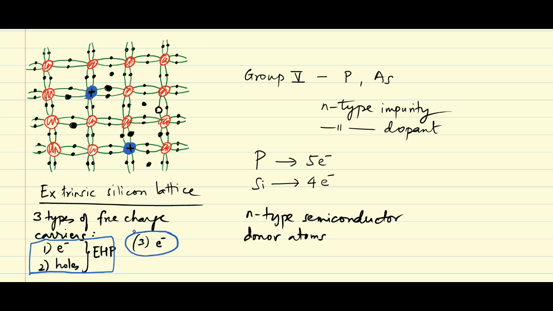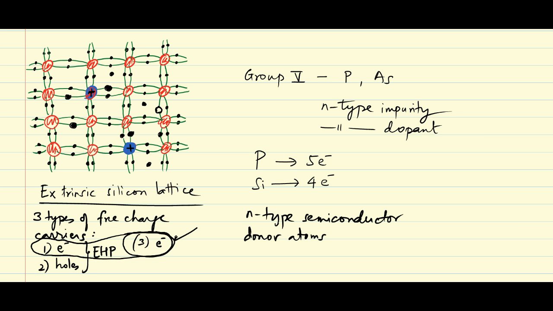So most of the current which we see in an n-type semiconductor when a potential difference is applied comes from the liberated fifth electrons which are provided by the n-type impurity like phosphorus. And lastly, in an n-type semiconductor, since the number of electrons is much larger than the number of holes, remember the number of electrons would come from two sources.